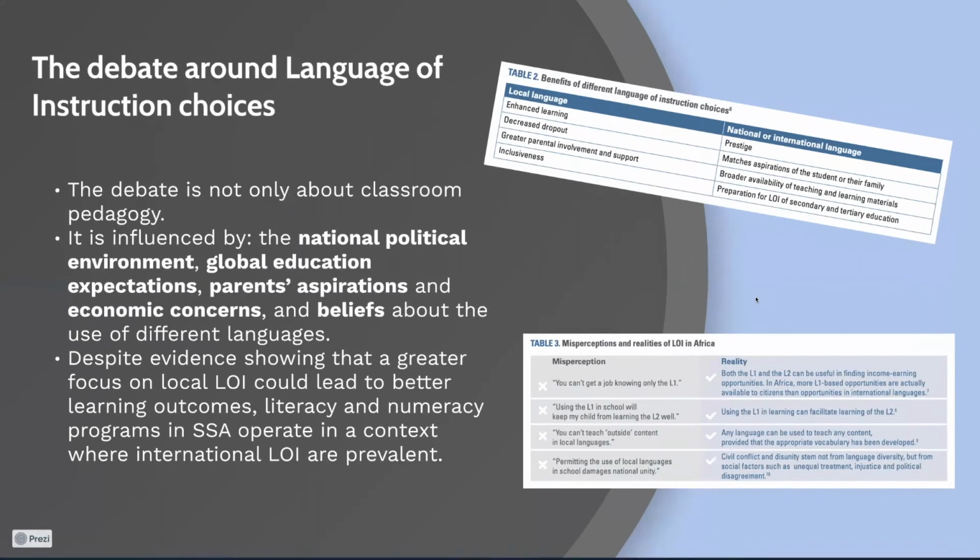However, looking at the broader debate around language of instruction, the debate is not only about classroom pedagogy. It is strongly influenced by the national political environment, global education expectations, parents' aspirations and their economic concerns, and beliefs about the use of different languages for formal learning.